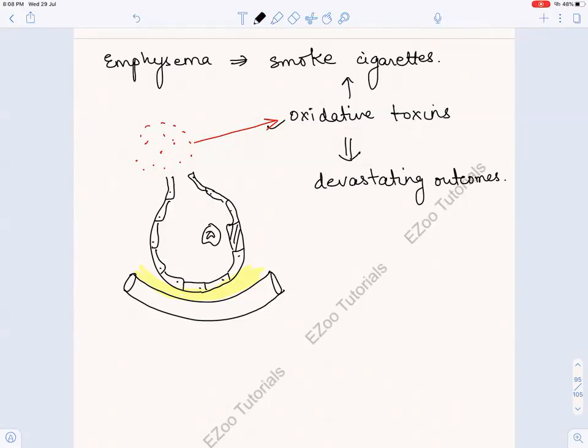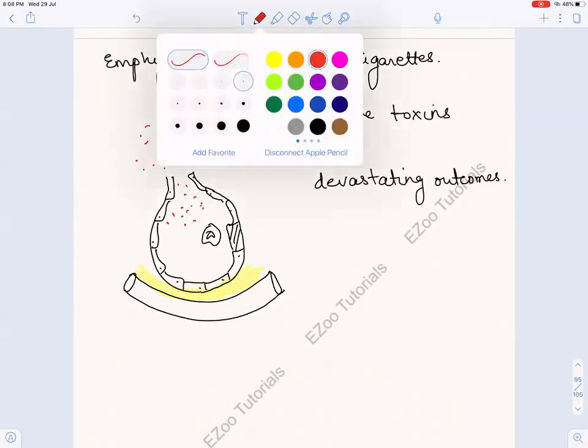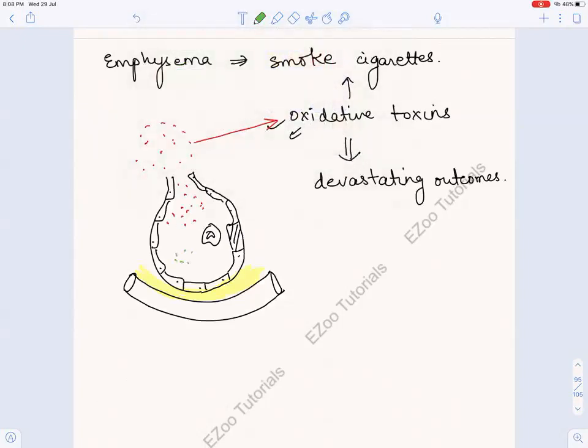Now what is happening? These oxidative toxins are attacking the alveolus. As they come inside the alveolus, what will begin to happen? There will be an enhanced immune response. The body is saying, help me, help me.